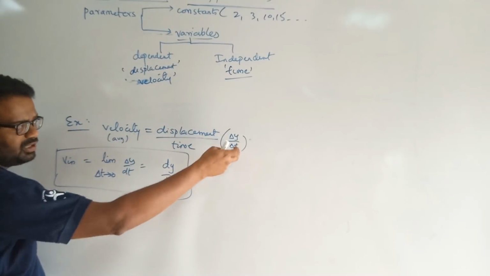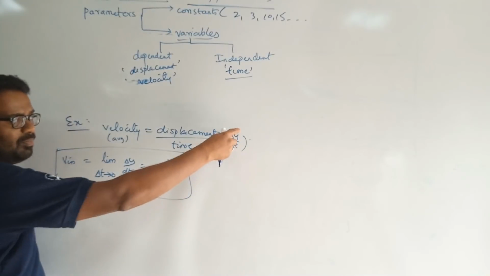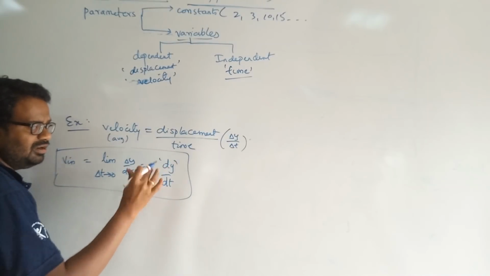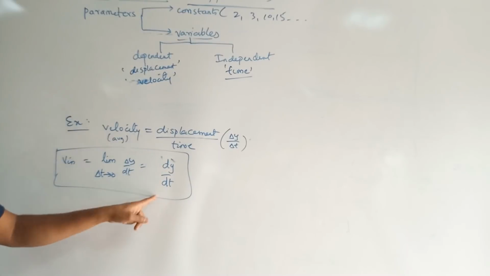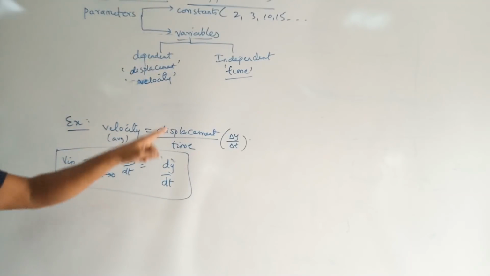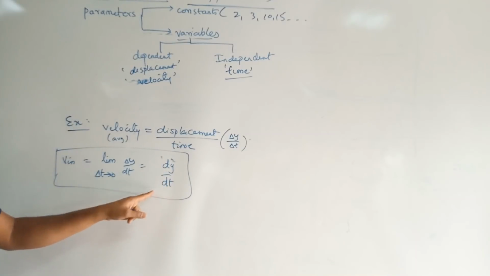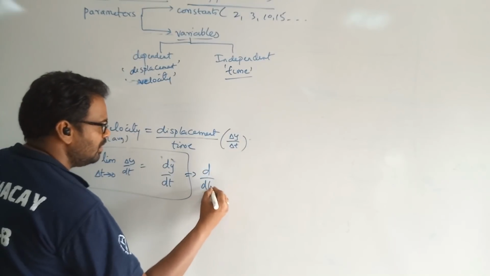Now we make use of this basic definition. Velocity is displacement by time, that is delta y by delta t, finite changes. By applying limits onto these finite values, you are going to get the differential values in the form of dy by dt. Writing like this is what we call differentiating. Differentiating displacement with respect to time, d by dt of y.